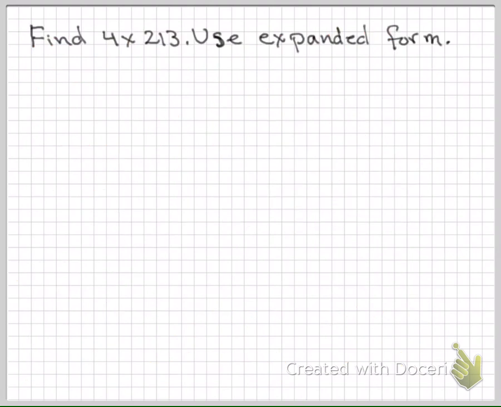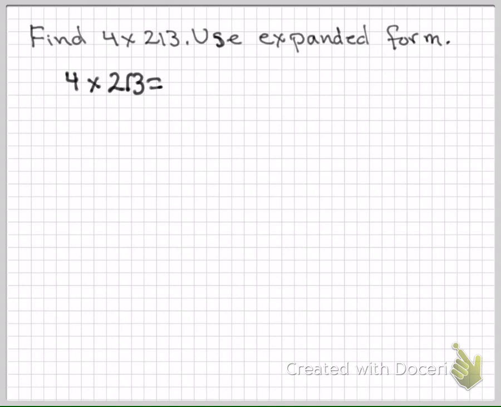Okay, let's practice with this one using expanded form again. We have 4 times 213. So 4 times 213 equals, now we have to use that distributive property.